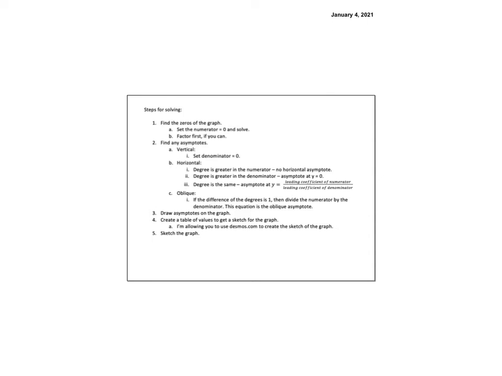That just means you'll typically have multiple zeros. And then you're going to find your asymptotes: vertical, horizontal, and oblique. I just went over how to find those. Now, when you're drawing these in on your graph, you want to draw them in as dotted lines. That's how we represent our asymptotes. And that's what you're going to do next.